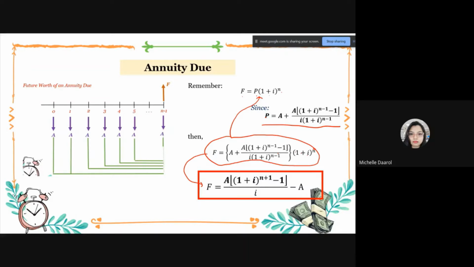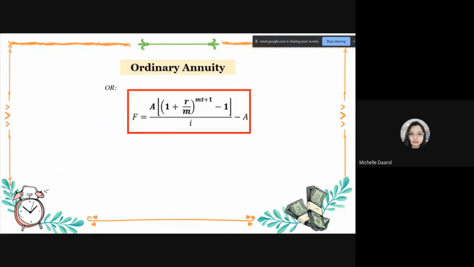Once you get the present worth, you can just multiply it by 1 plus i raised to n. Again, we change i to r over m, and n to mt.